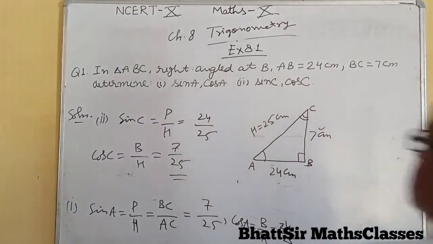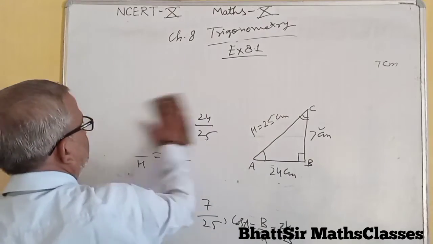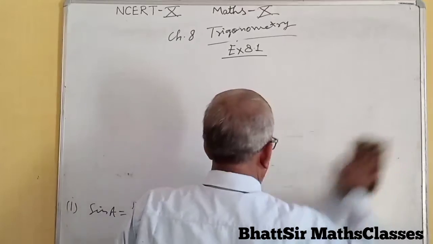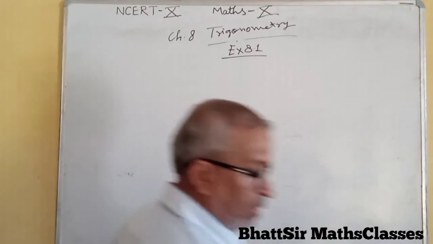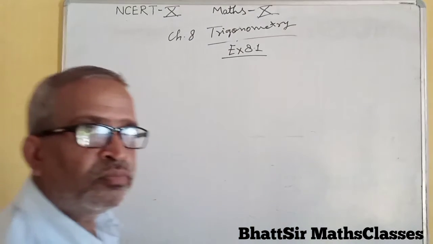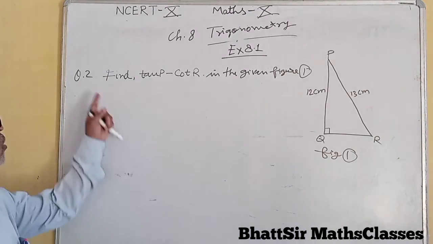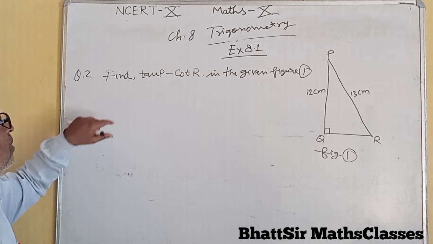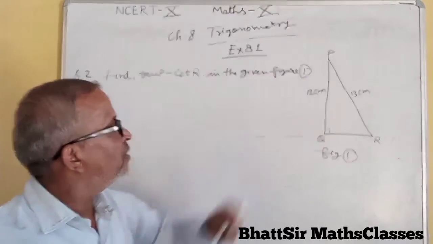Now attending question number 2. Now I am giving a solution of question number 2 of exercise 8.1 NCERT 10th standard. Find tan P minus cot R in the given figure.